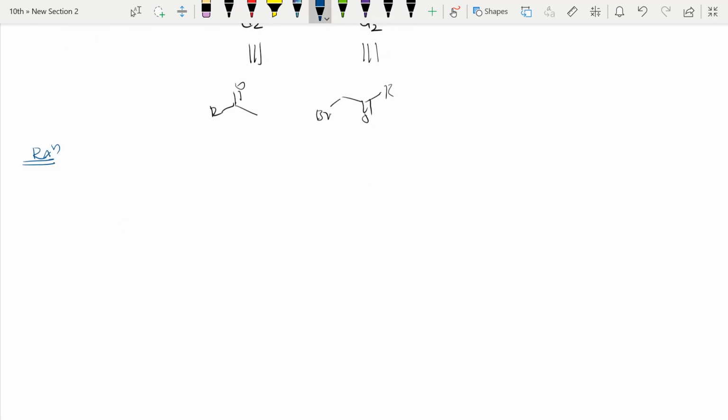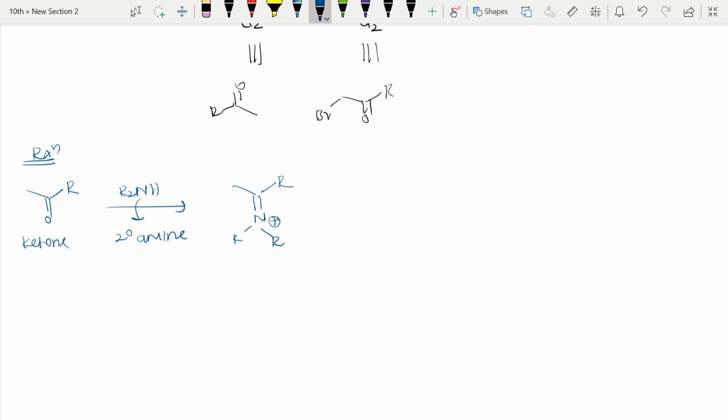I will show one easy, interesting reaction with this. So here I will add R2NH. What is this? This is nothing but a secondary amine. Whenever a secondary amine reacts with a ketone, what will it form? It will form imines, right? Imines means the carbon and nitrogen will have a double bond like this, and it has a positive charge.